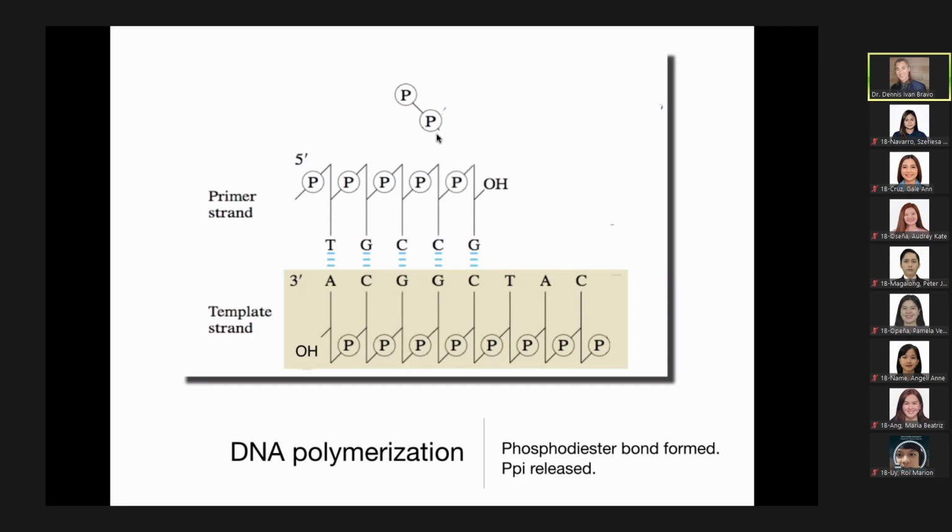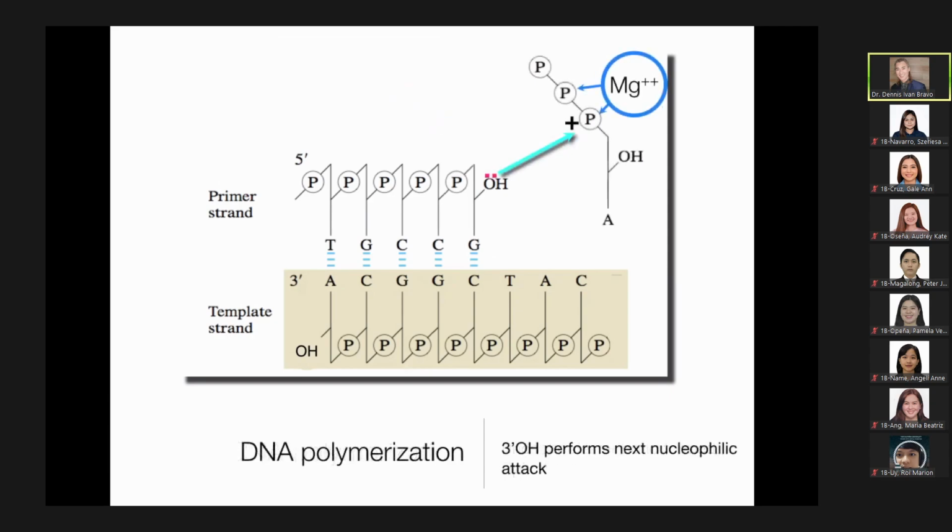At the same time, there will be hydrolysis of the inorganic phosphate, causing release of energy that drives the reaction forward. Now there's a new 3' hydroxyl group that will launch the nucleophilic attack. So if you notice, the growth of the DNA is from this direction, growing towards this direction.